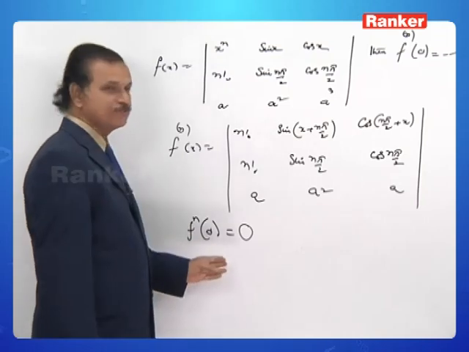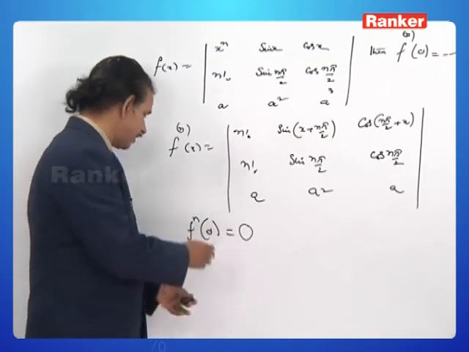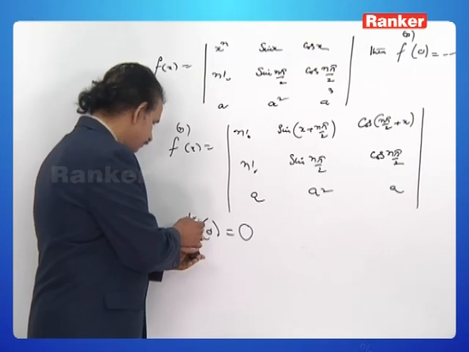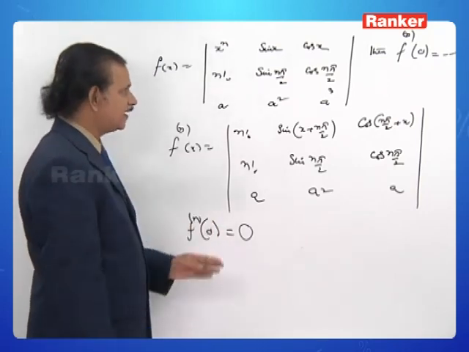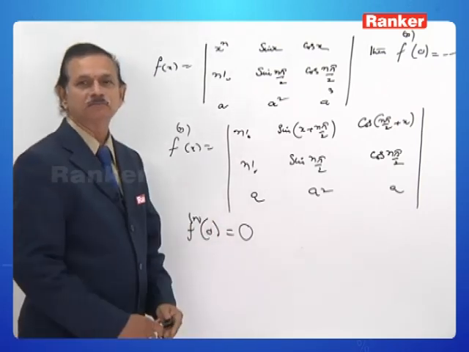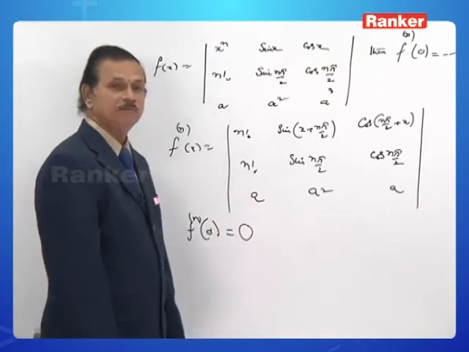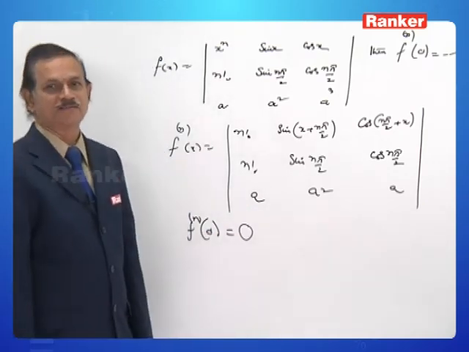Therefore, it is not f power n of 0, it is the nth derivative. Do not forget to put the brackets. Then it is 0. Please observe this, it's a beautiful question.